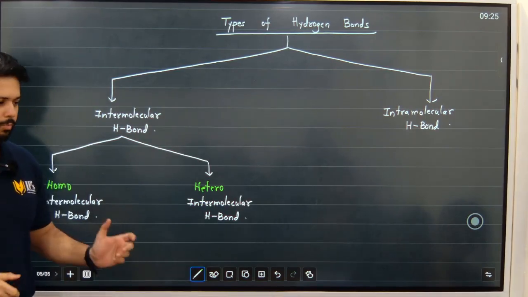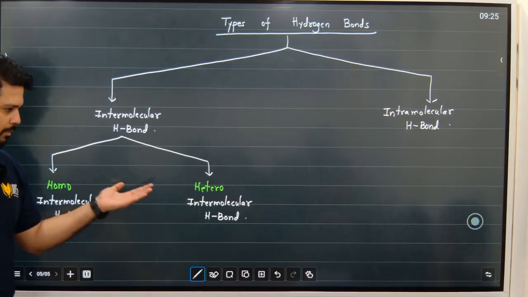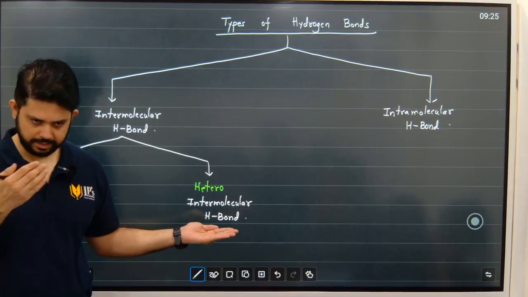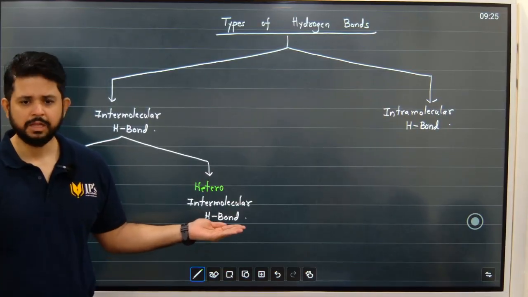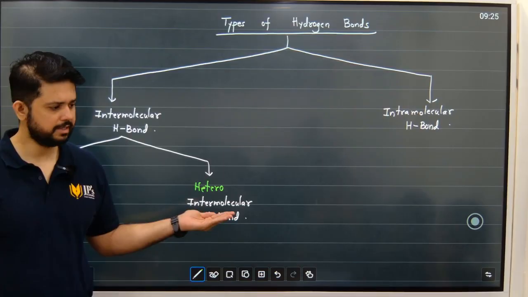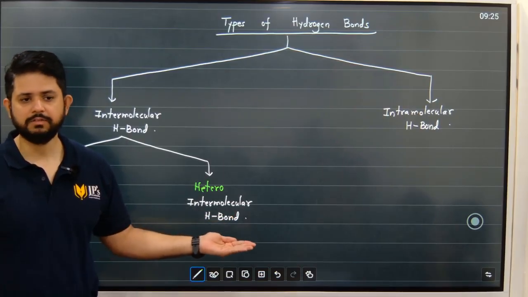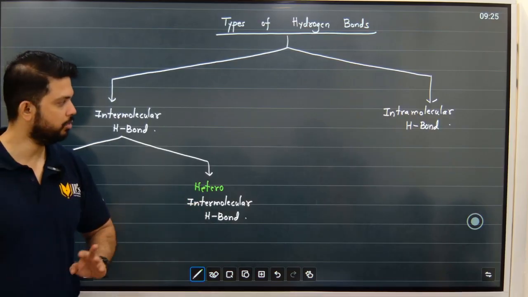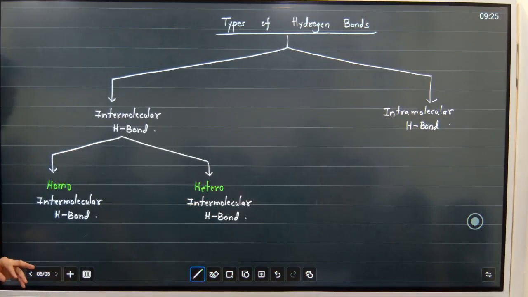What is the difference between homo and hetero? Homo means hydrogen bonds between the same molecule, HF, HF, HF. Hetero means one, let's say, is HF, the other is H2O, or let's say one is ROH, alcohol, the other one is H2O. That is called homo and hetero intermolecular hydrogen bonds.